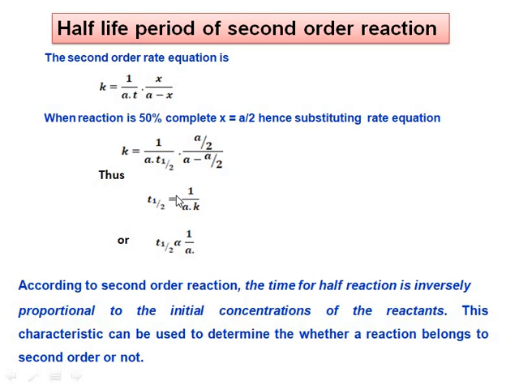So t half is equal to 1 upon a into k, or t half is inversely proportional to a. According to the second order rate equation, the time for half reaction is inversely proportional to the initial concentration of the reactants.